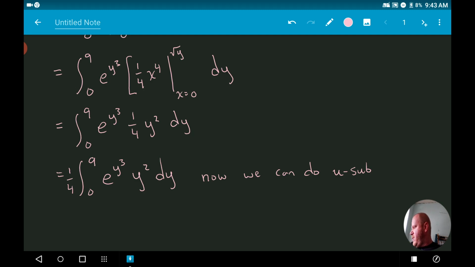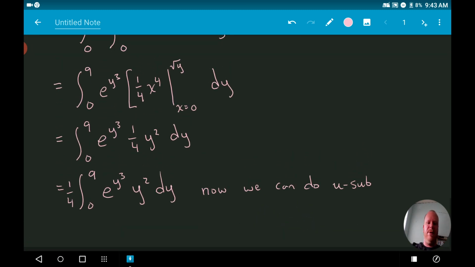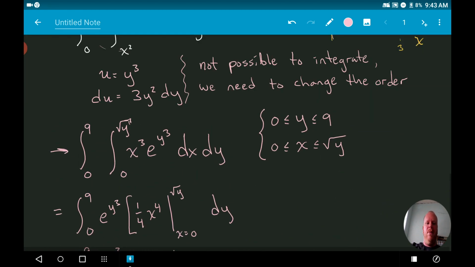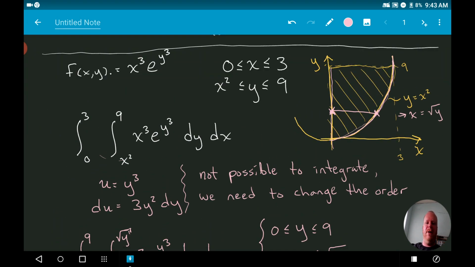For the next one, I want to talk about another decision that you can make, but just in summary here, what we did was we tried our best based on the information to make sure that the constants were on the outside, functions were on the inside integral. But in this case, we need to change the order.